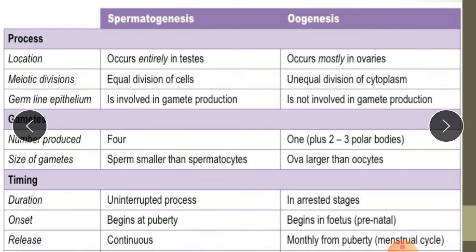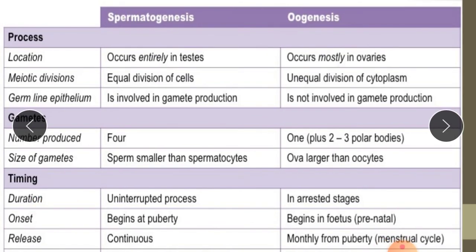Then size of the gametes: sperm smaller than spermatocytes, ova larger than oocytes. Timing, duration. Spermatogenesis is an uninterrupted process, continuously occurring. Whereas in oogenesis, it has arrested stages. The process of oogenesis is arrested at certain stages. Onset: spermatogenesis begins at puberty, oogenesis begins in the fetus.